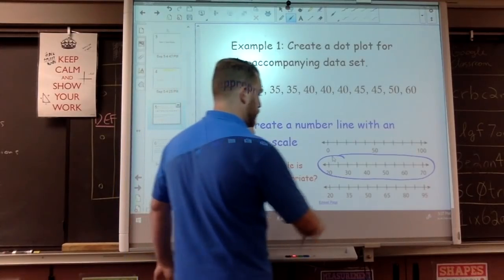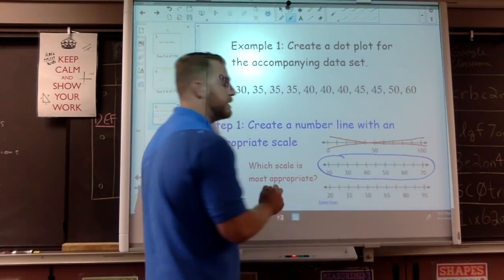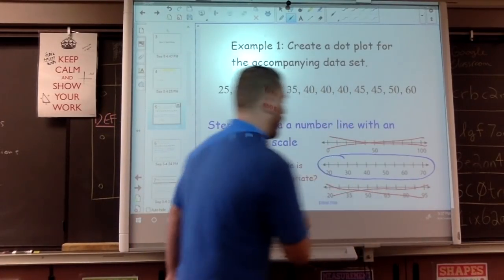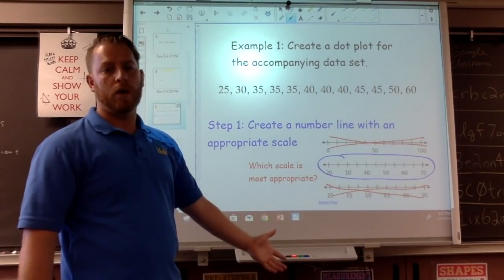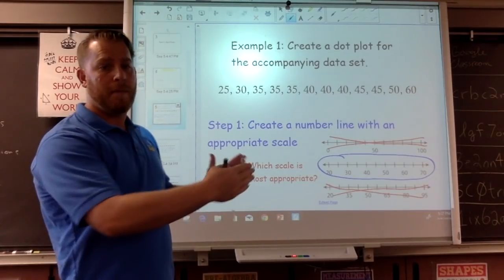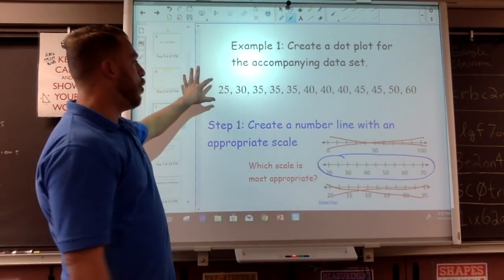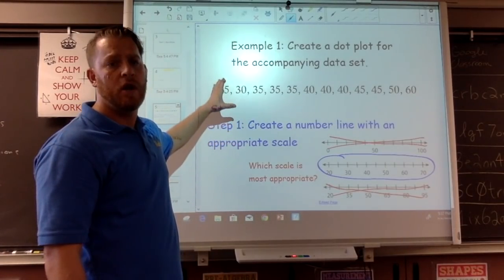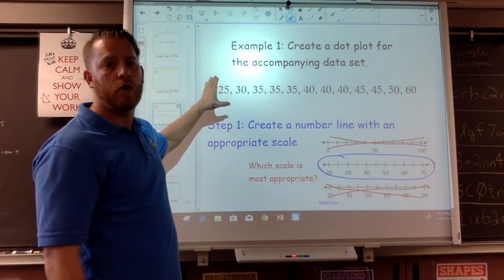I'm not going to use the first one because that one goes from 0 to 100, and I'm not going to use the third one because that one goes from 20 to 95, which would make our scale too long for the data set that we have. So pay close attention to the numbers that you have in your data set.